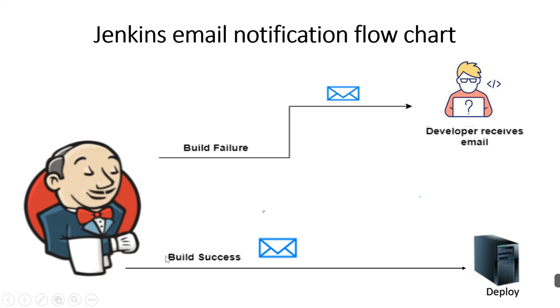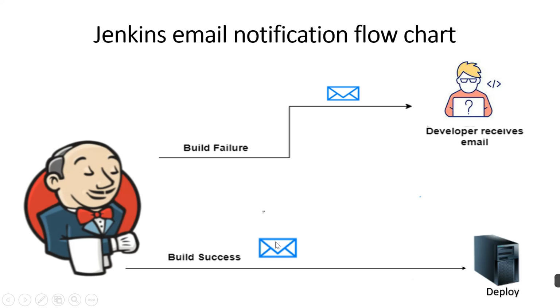In this post build action we will set up what happens when the build is success. One notification mail is generated, and then after its success, it will directly go to the deployment, right? And when the build is failed, it's stopped. It doesn't go to the deployment.